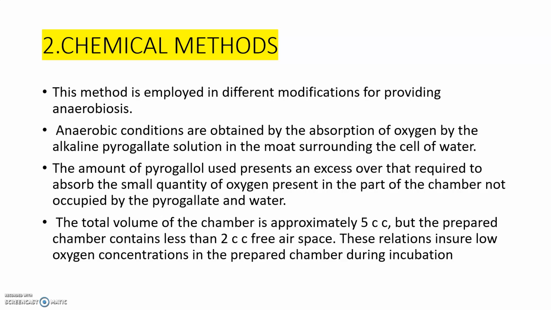The anaerobic conditions are obtained by the absorption of oxygen by alkaline pyrogallol solution and also in the moat surrounding the cell of water. The amount of pyrogallol used presents an excess over that required to absorb the small quantity of oxygen present in the part of the chamber not occupied by the pyrogallate and water.